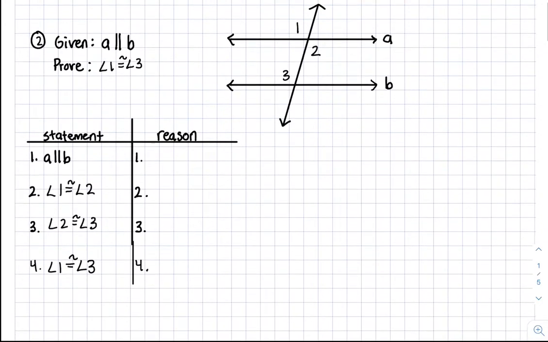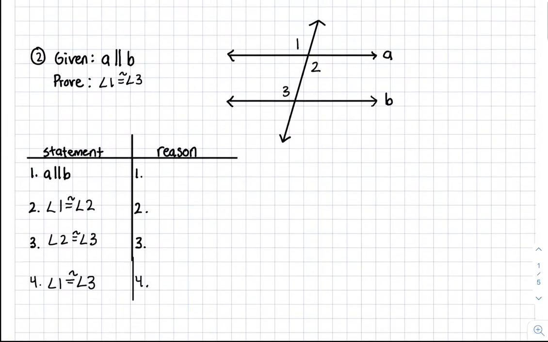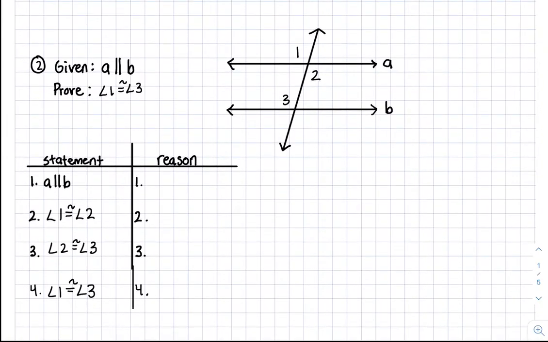All right, number 2. So, given A is parallel to B, we gotta prove angle 1 is congruent to angle 3. Well, based off of our statement, it says A is parallel to B, so that's given. Now, we have angle 1 is congruent to angle 2. So this angle 1 right there is congruent to this angle 2.